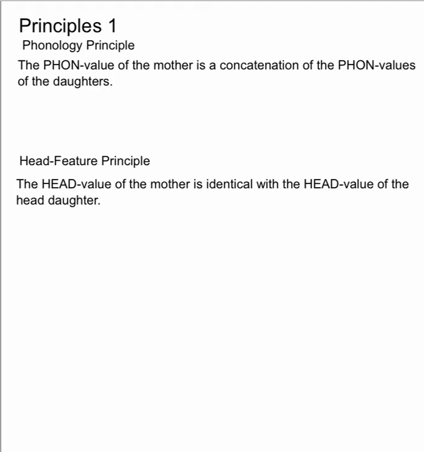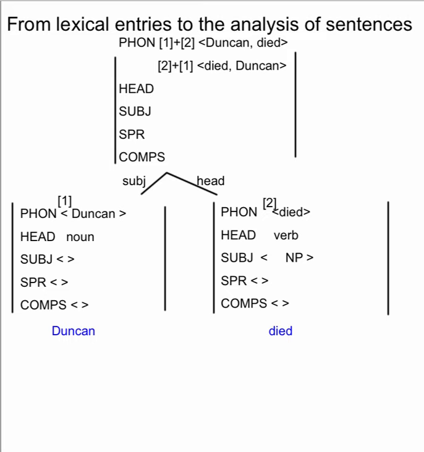Now, what about the head value of the phrase? Here we have another principle, which we call the head feature principle. It says that the head value of the mother is identical with the head value of the head daughter. In our structure, the verb died is the head daughter of the phrase. So again, we use a tag and say the head value of the head daughter, so this is a verb, that's the tag number 3.